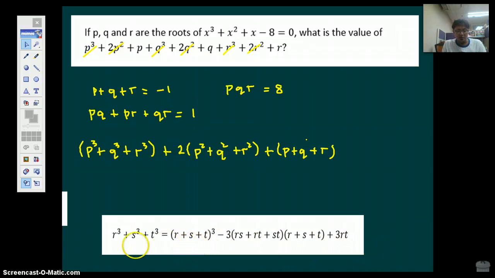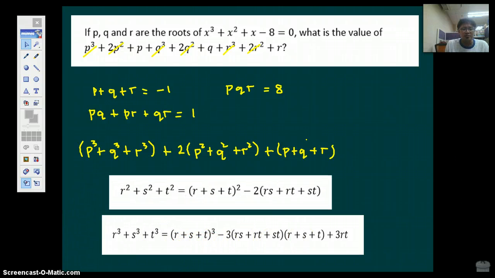Notice that the sum of the cubes is represented using the Vieta's coefficients: p plus q plus r, pq plus pr plus qr, and then pqr. And then this is for the sum of the squares. So we will be using this to evaluate the exact value of this group and this group.